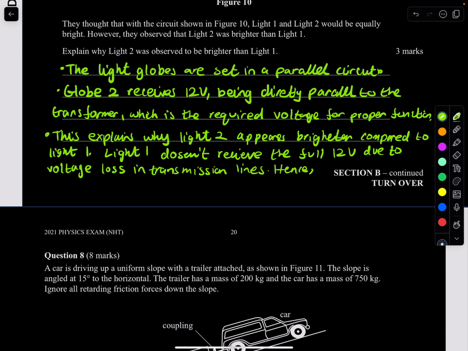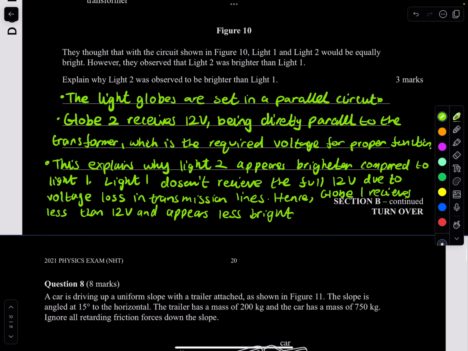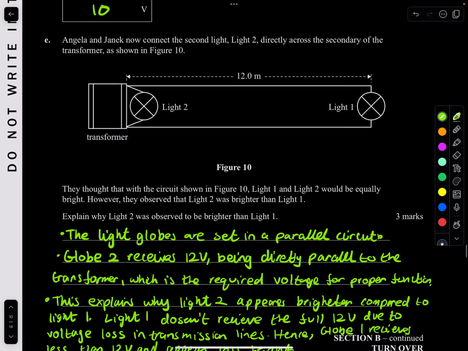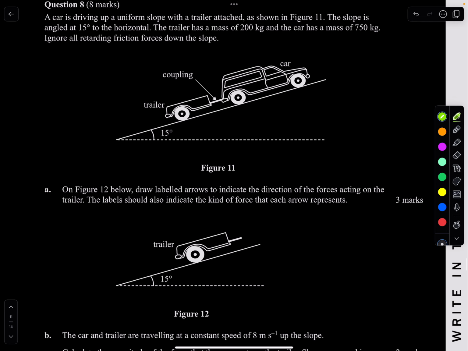Hence, globe 1 receives less than 12 volts and appears less bright. And that is it, pretty much. I think that really summarizes what I just talked about.